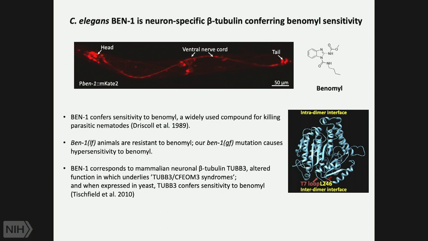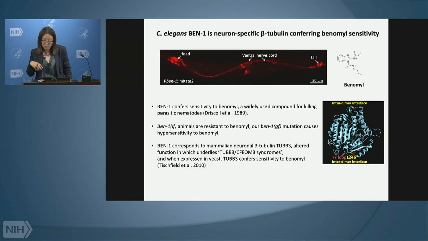BEN1 is basically also an ortholog of mammalian TUBB3, because when mammalian TUBB3 is expressed in yeast it also confers sensitivity to benomyl.